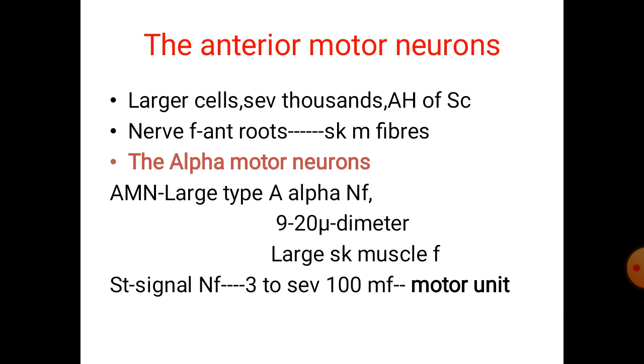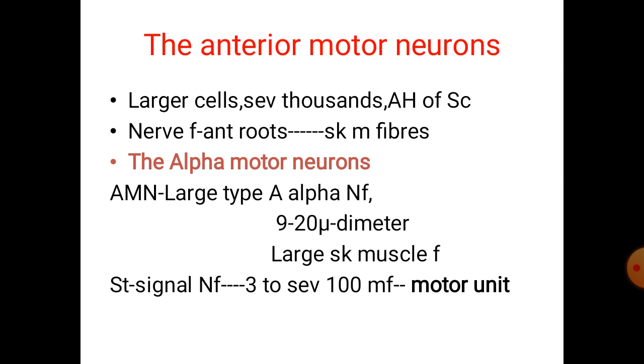In the extraocular muscles, the pharyngeal muscles, and the laryngeal muscles, each anterior motor cell or alpha motor neuron can supply 3 to around 10 or 12 muscle fibers. But in the skeletal muscle, each cell can supply 100 or even 2000 muscle fibers.